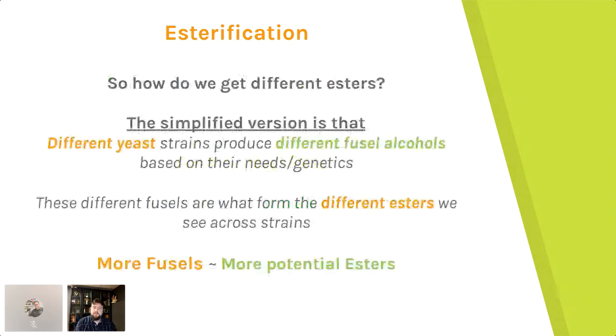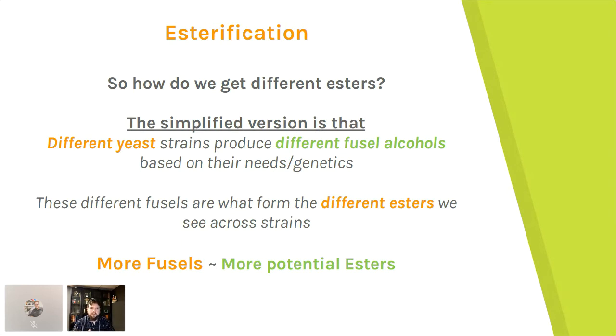The simplified version of how we get different kinds of esters and flavor compounds is quite simple. Different yeast strains require different amounts of FAN, different amounts of certain amino acids. Based on the amino acids they consume and the types of FAN they break down, we're going to see different fusel alcohols produced. If I have, say, 6 different fusel alcohols and I esterify them all the same way, I'm going to get 6 different flavor compounds that all taste different.